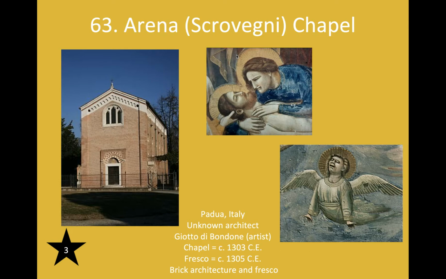And it's a big deal, okay? And the reason it's a big deal is Enrico Scrovegni was a banker, okay? And he was a moneylender. And what many people do not know is that for hundreds of years, it was illegal for Catholics, Christians, to lend money and charge interest.